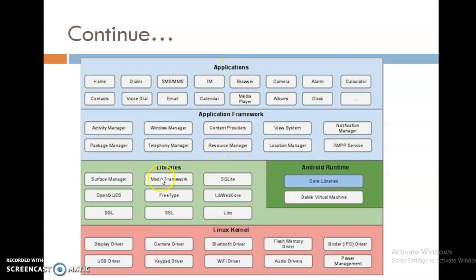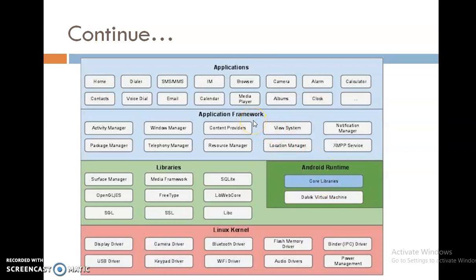The layer above the Linux kernel is made up of libraries which contain various libraries of different functions like SQLite, SSL, OpenGL, Surface Manager and various kinds of libraries. Android runtime contains the DVM, the Dalvik virtual machine, and the core Java libraries and Android libraries.